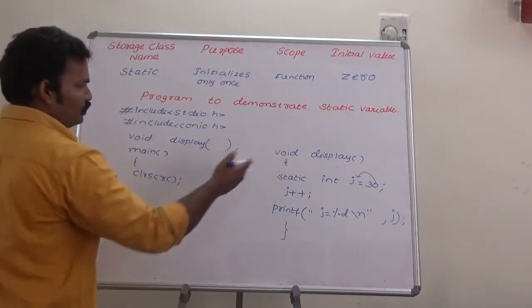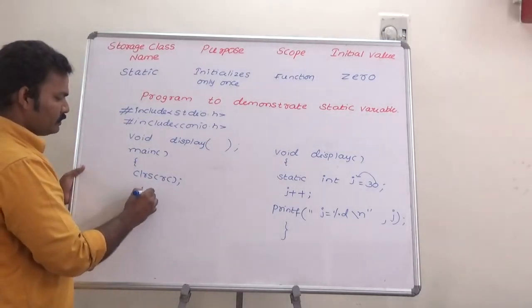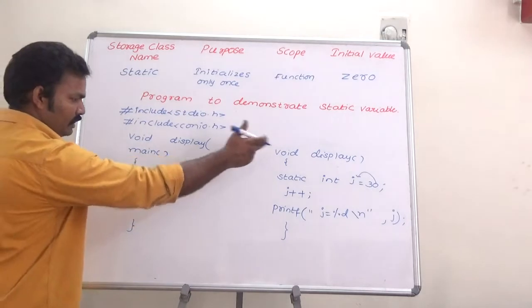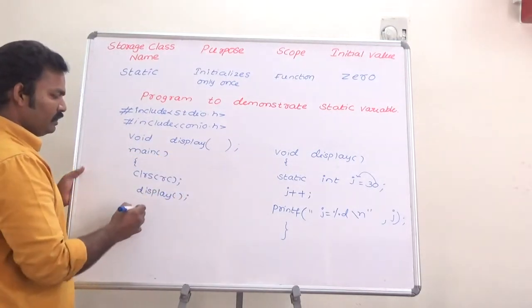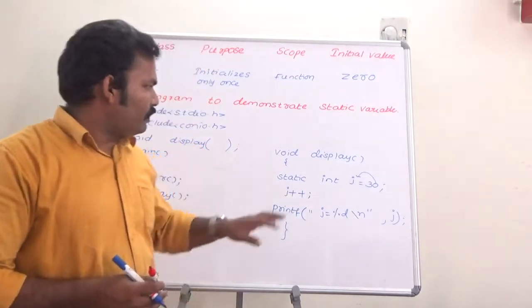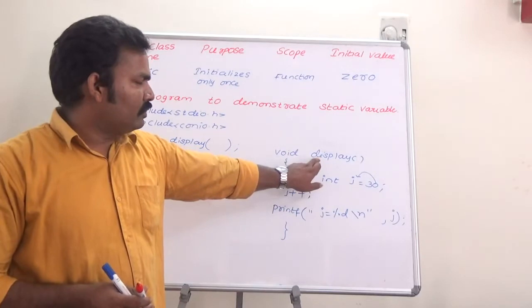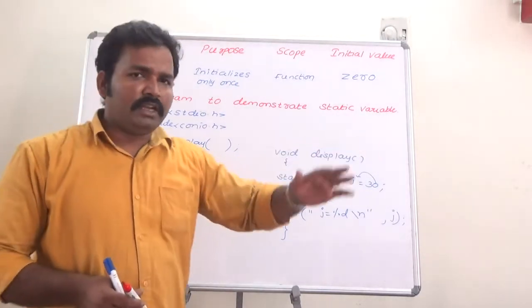To execute that function, we have to call the function display. A function can be called by using its function name. We already know a function can be called any number of times.